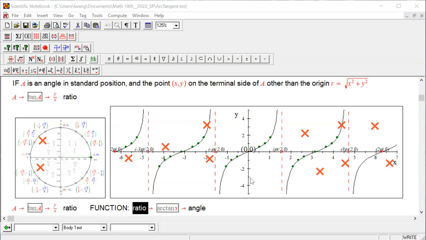So let's look at domain-wise. Domain for this new function of tangent, right? Domain for the new function tangent. Let me clean this up.